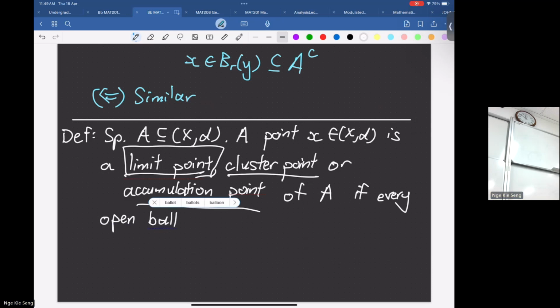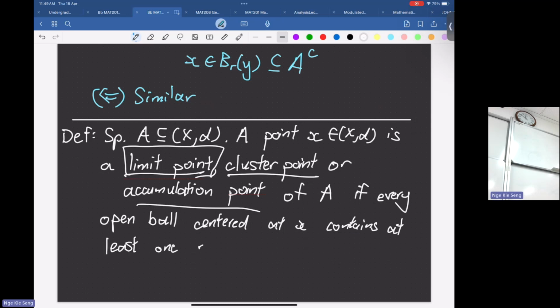In this chapter, we will always use open ball as our tool to measure things. If every open ball centered at X contains at least one member of A other than X.